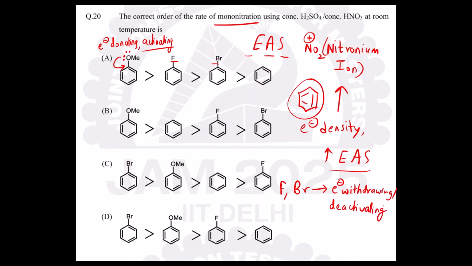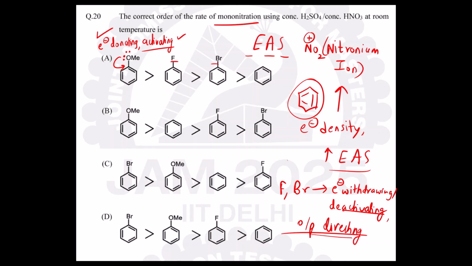That means because of the inductive effect they will withdraw electron density, but they are ortho-para directing as well. They are deactivating and ortho-para directing, and methoxy is an activating and electron donating group.